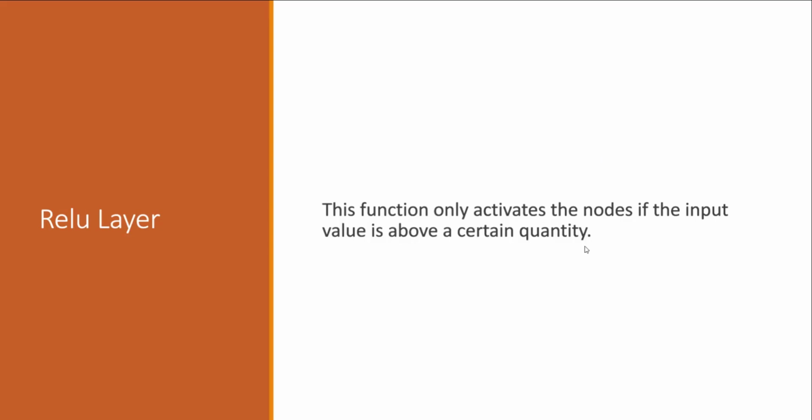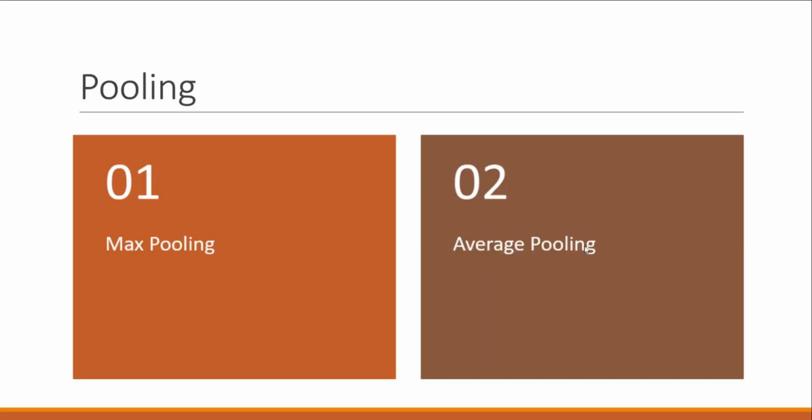Now we will discuss the next component of CNN, that is ReLU. This function only activates the nodes if the input value is above a certain quantity. It will check the condition: if the value rises above a certain threshold, then it has a linear relationship with the dependent variable. Here we remove every single negative value from the image. Now we will discuss our next component, that is pooling.